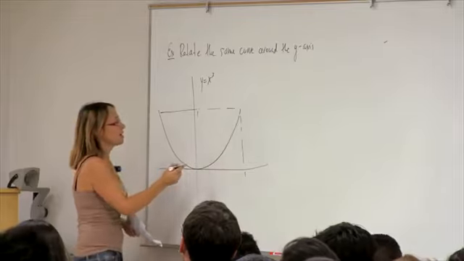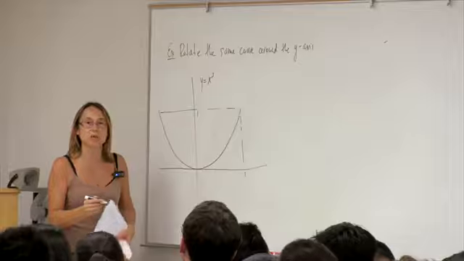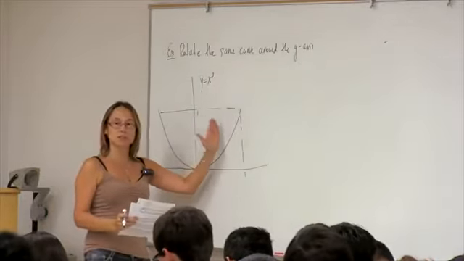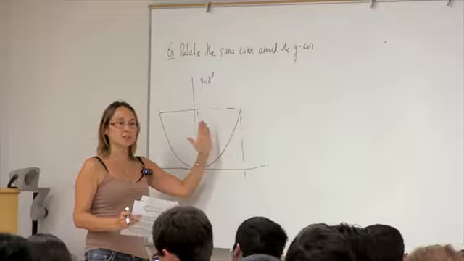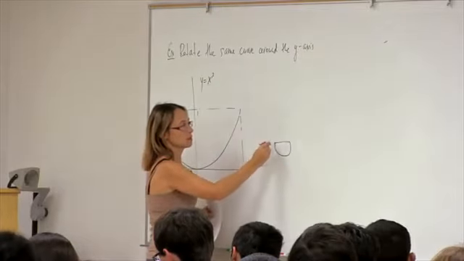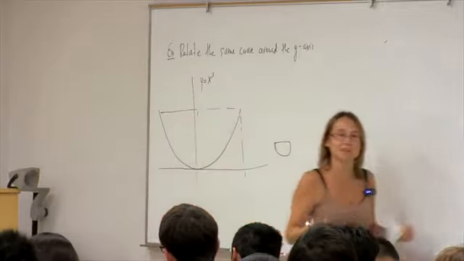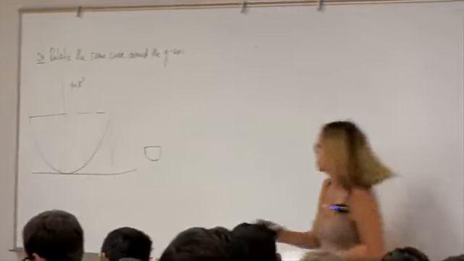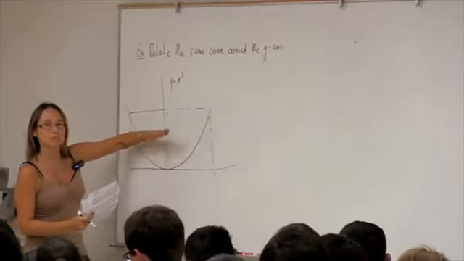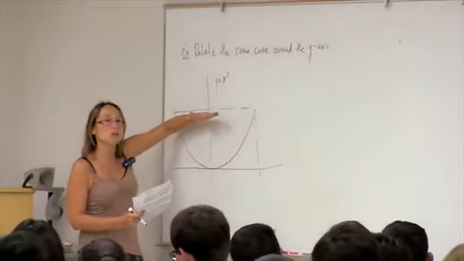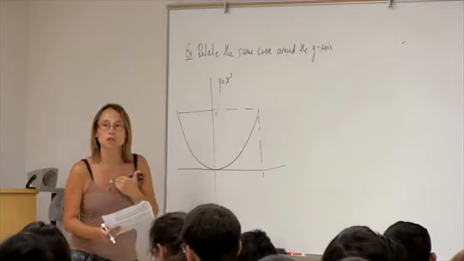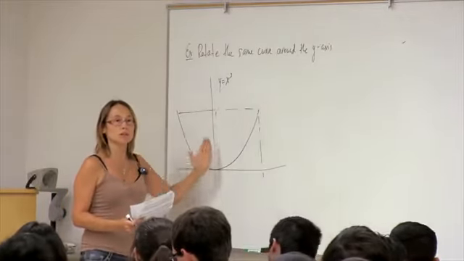Now it's a solid of revolution obtained by rotating around the y-axis. If I slice it in this direction, my intersections are going to be things like this, and I really don't know how to calculate their area. But if I slice it in this direction, what are my intersections? Circles, because it's a ball in this direction. So it's to my advantage to integrate over the y-axis.